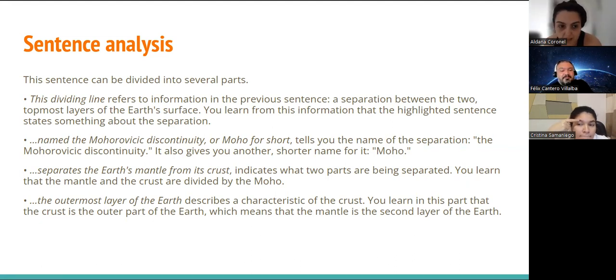Yes. And the outermost layer of the earth describes a characteristic of the crust. You learn in this part that the crust is in the outer part of the earth, which means that the mantle is the second layer of the earth. Of the earth, yes, exactly.